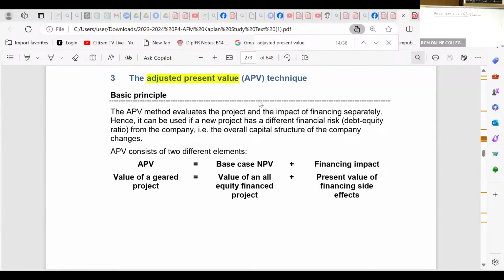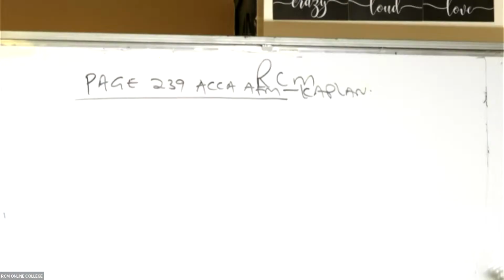So in this case here, they are saying APV equals base case NPV plus now financing impact.